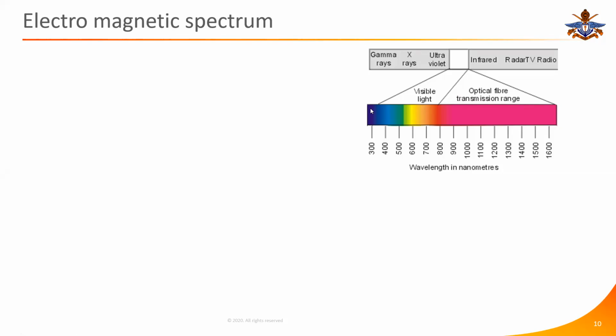The ultraviolet side is not very good for your eyes, so you should not look at it. But for optical transmission, we don't actually use any of those wavelengths. We use frequencies between 800 nanometers and about 1,600 or 1,700 nanometers.